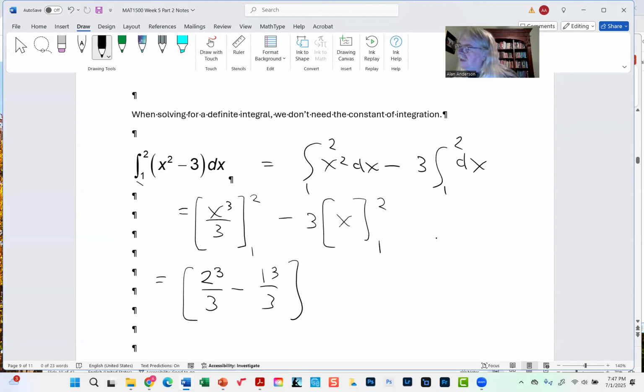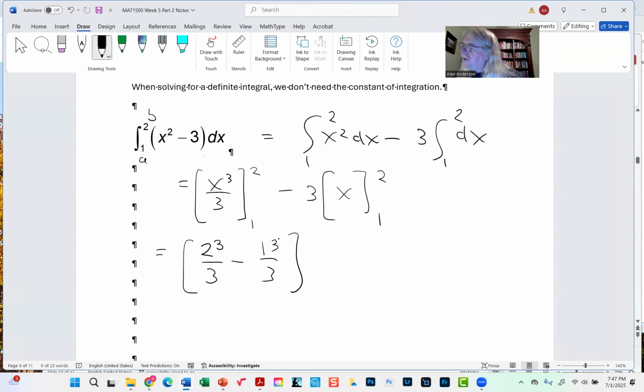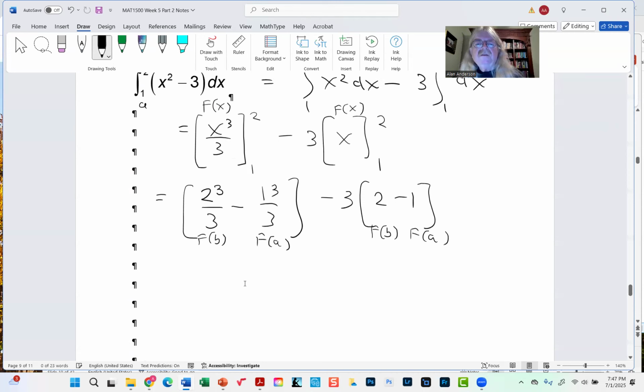Now, keep in mind, this is A and this is B. So what you actually have here, this is f of x. This is f of B, and this is f of A. Over here, we have our f of x for this case. This is f of B, and this is f of A. Is that all there is to it? Yes, it is.